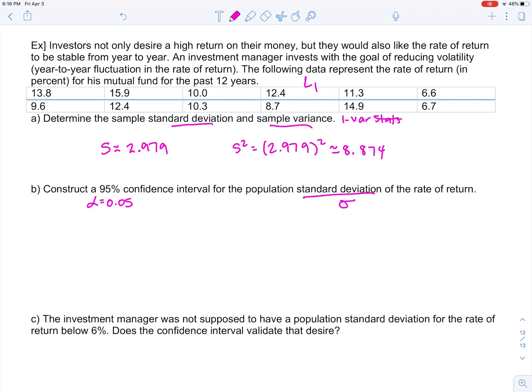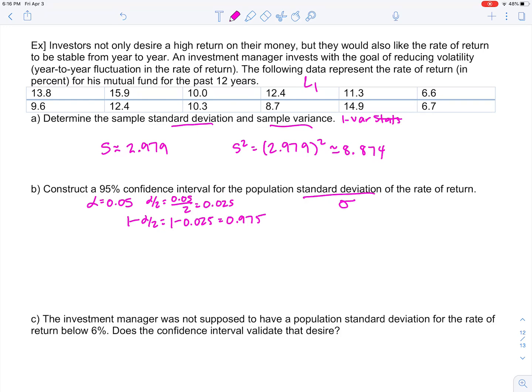Remember, it is the complement. The complement of 95% is 5%, and as a decimal, 0.05. Alpha over 2 will be 0.05 divided by 2, which is 0.025. And 1 minus alpha over 2 is 1 minus 0.025, which is 0.975.